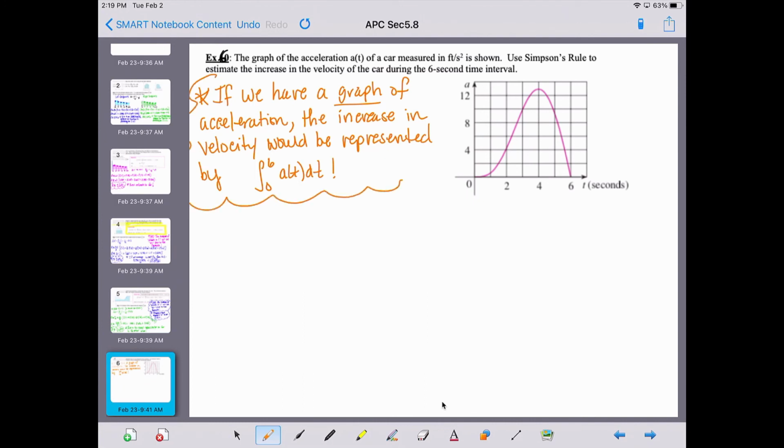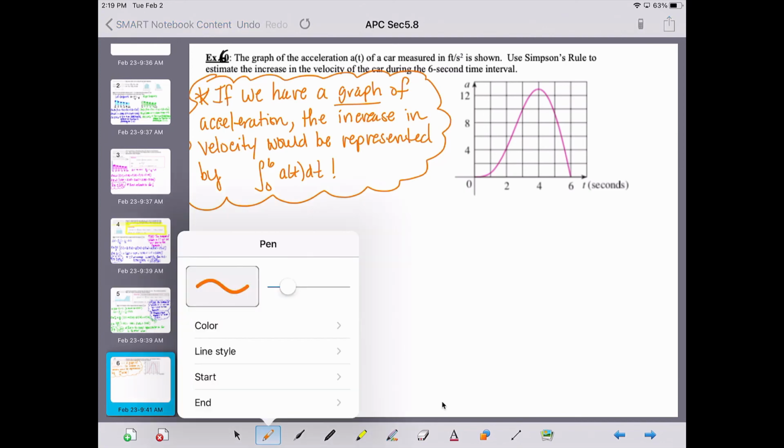So the idea here is we would like to use Simpson's rule. We'd like to practice that one more time because I think that's the trickiest one to remember. If we're going to use Simpson's rule, first of all, we know that our n has to be even. And since we're going from 0 to 6, that would be a nice delta x, because that would give us a delta x of 1.